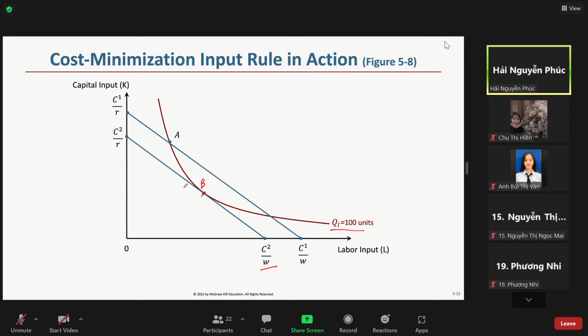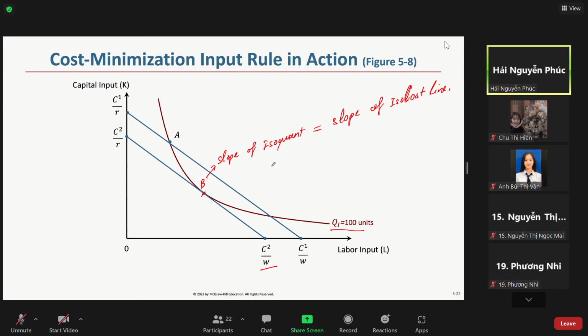And because it is a tangency point of the isoquant and the isocost, at point B we have the slope of the isoquant equal to the slope of the isocost line, right?